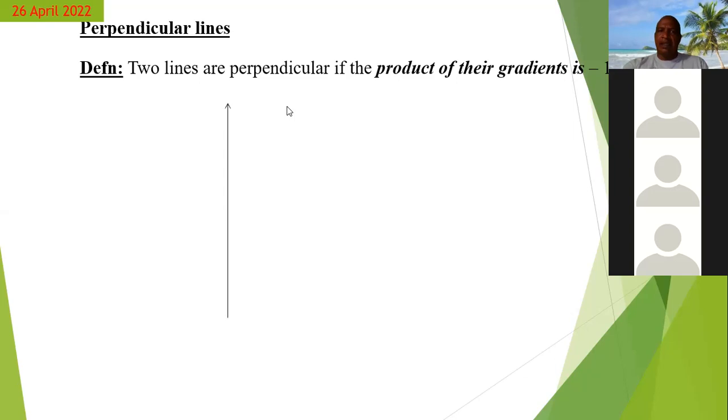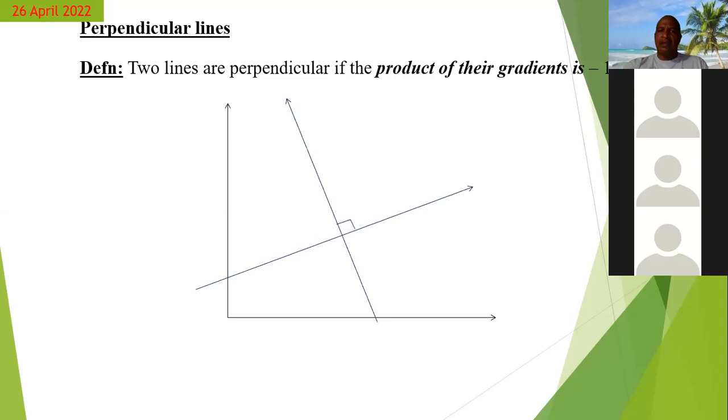All right. So just to illustrate what perpendicular lines are. These two lines would be perpendicular to each other because they cross at a junction and they're at right angle to each other. If we look now, M1 would be the gradient for the first line pointing northwards, and M2 would be the gradient for the second line pointing eastwards.